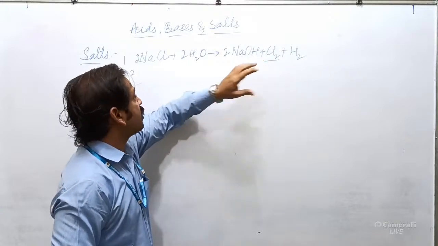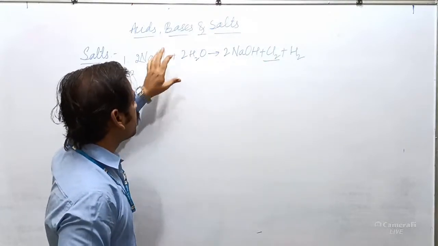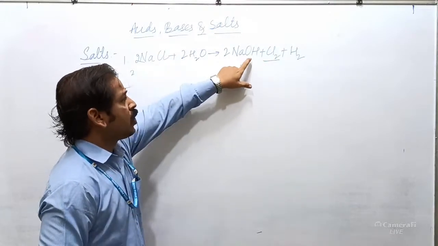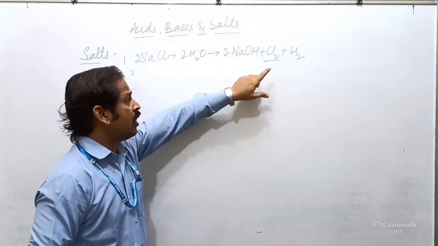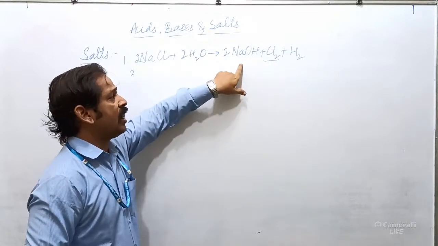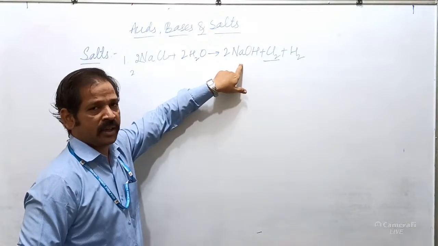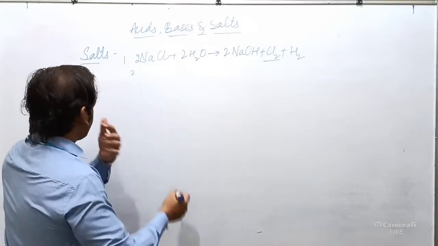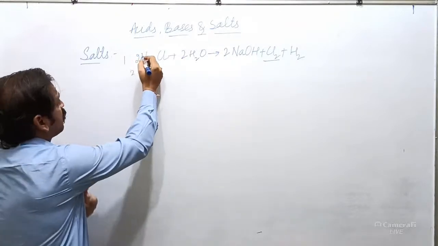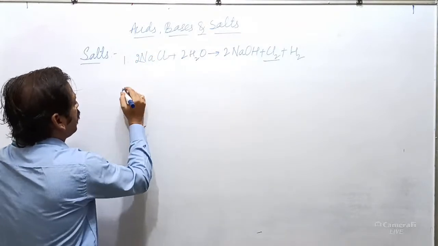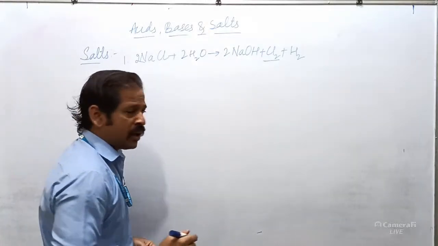Electrolytic decomposition of sodium chloride leads to the chlor-alkali process, where we are getting chlorine and alkali as sodium hydroxide. Okay, that is about sodium chloride. The second chemical is bleaching powder.